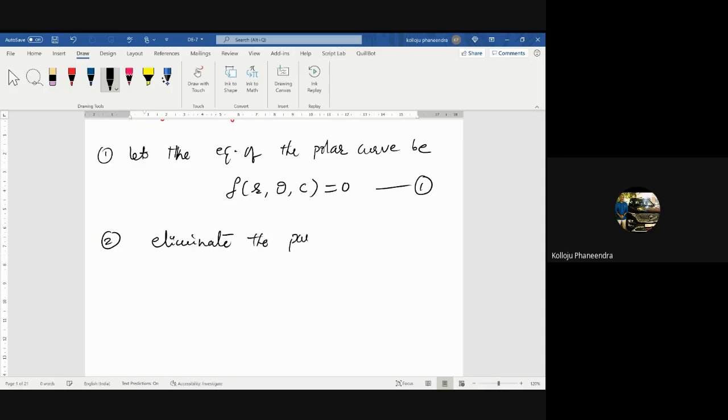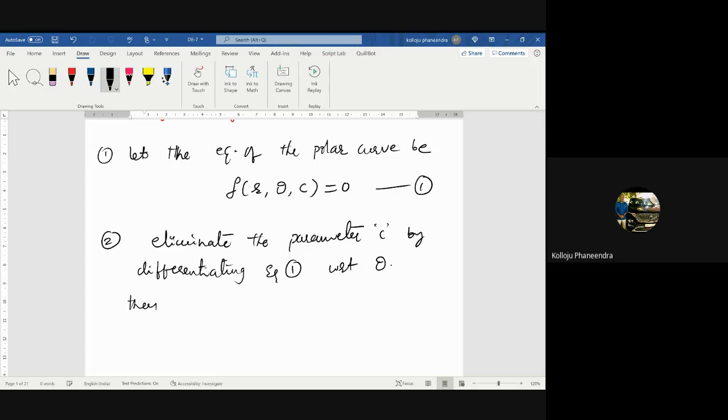Step 2, to eliminate the parameter c, differentiate equation 1 with respect to theta.